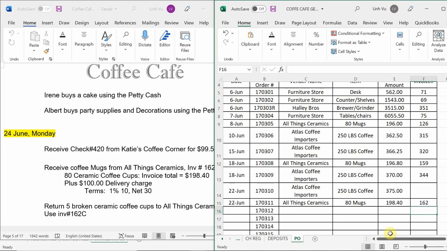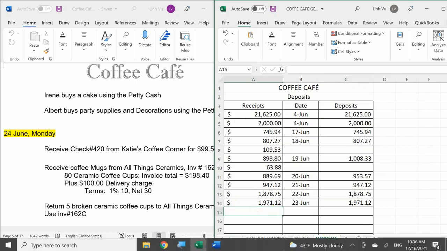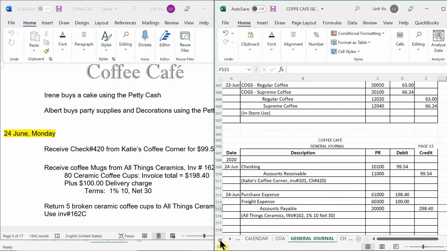Okay. Going back to the previous transaction, we also forgot to collect the money from Katie. So $99.54 because we're going to put in our checking account at the end of the day. Okay.